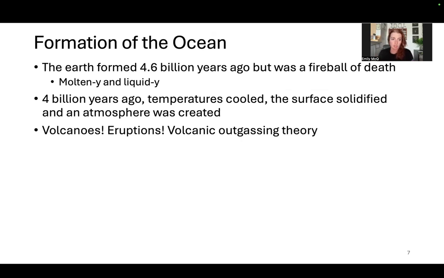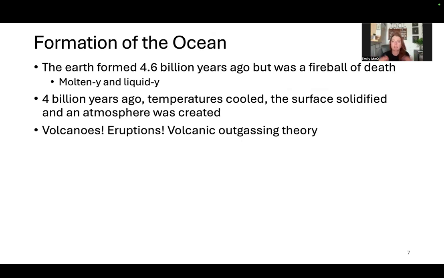It was molten and liquidy. And 4 billion years ago, so this was 600 million years after Earth's initial formation, the temperatures and this molten lava-y Earth structure began to cool. The Earth's surface began to solidify and the atmosphere formed.